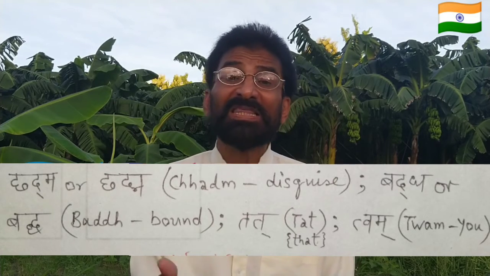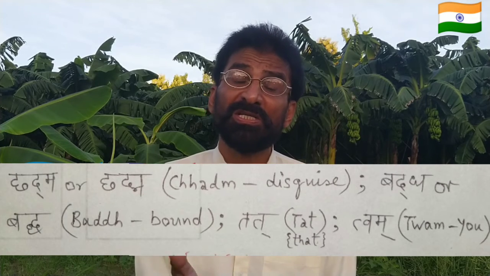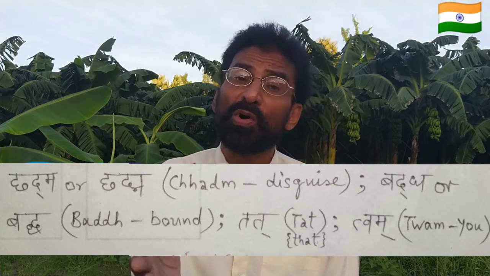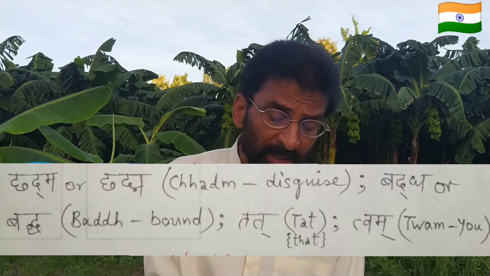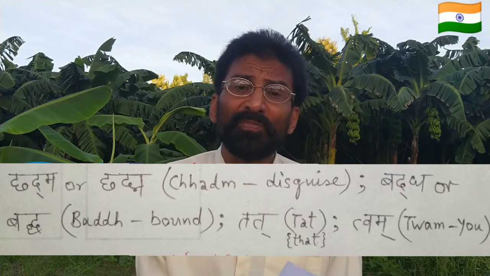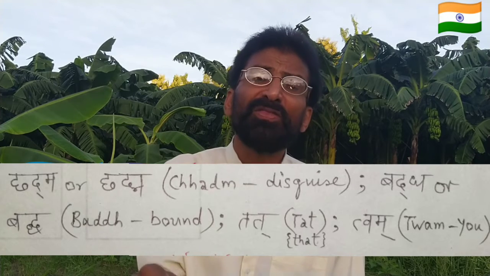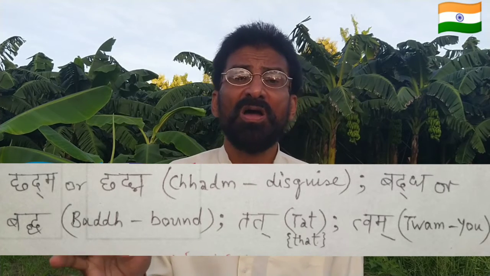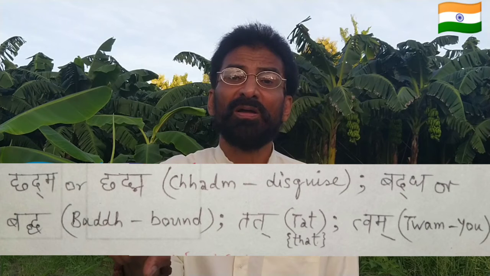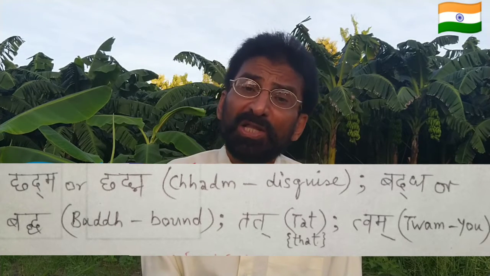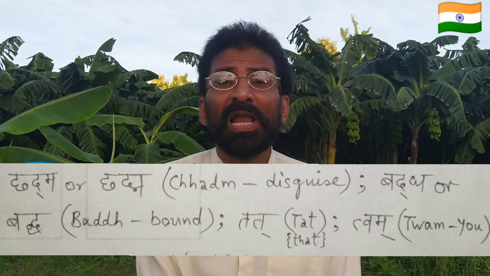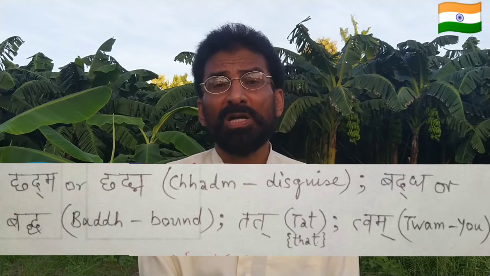Tvam: half ta, and then full va, and then half ma, and you can see I have put a halant mark right underneath the last consonant ma. Tvam.